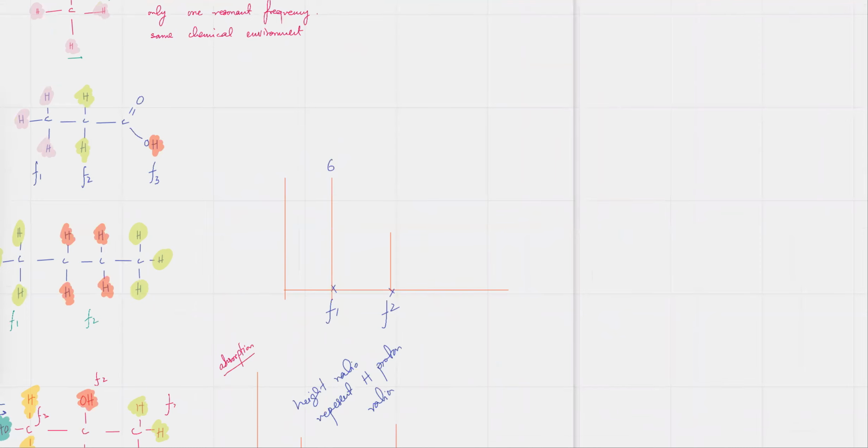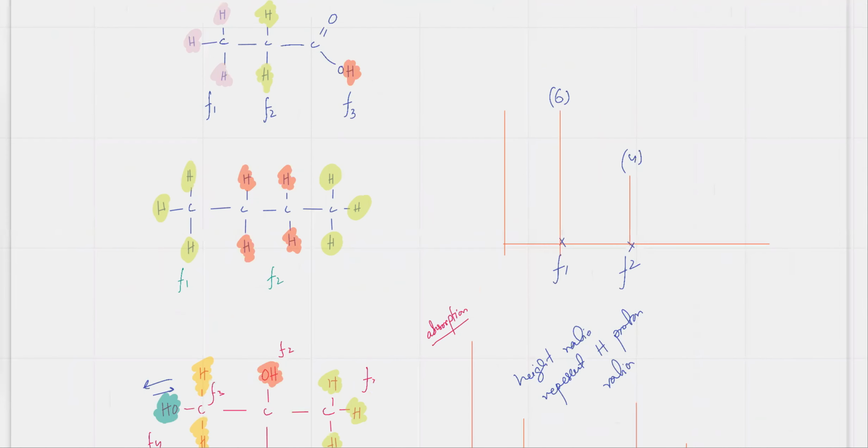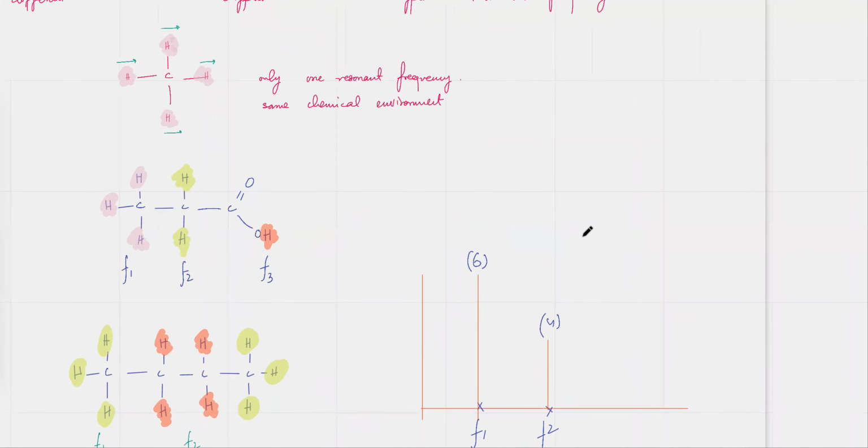So it's going to be 6:4 in this case, because 6 of the hydrogen protons are resonating at one frequency and 4 of the hydrogen protons are resonating at a different frequency. So that means 6 hydrogen protons, the green ones, would lead to a more absorption of frequency F1. The same would be the case over here.